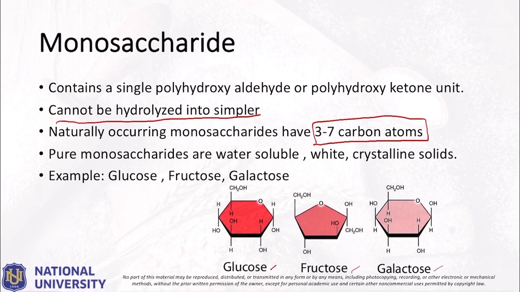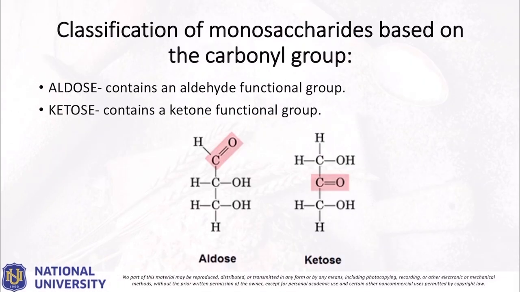So, si glucose, siya ay aldose, fructose is a ketose, galactose is also aldose. Okay, aldehyde. Now, classification of monosaccharides based on the carbonyl group.